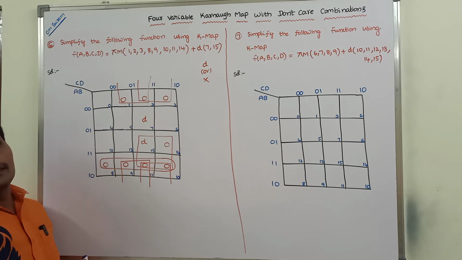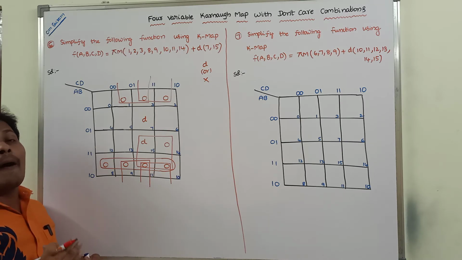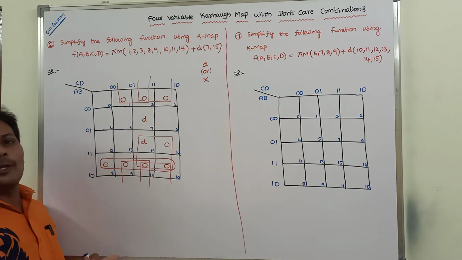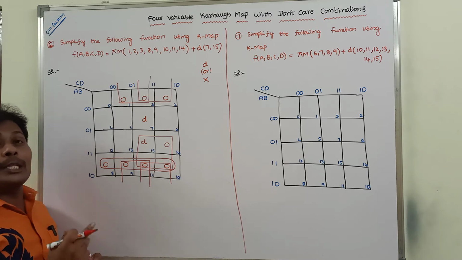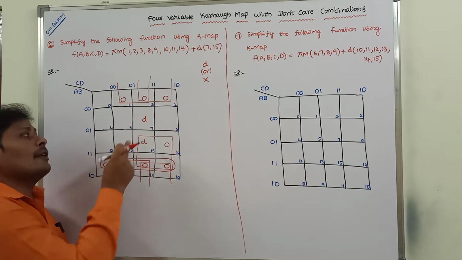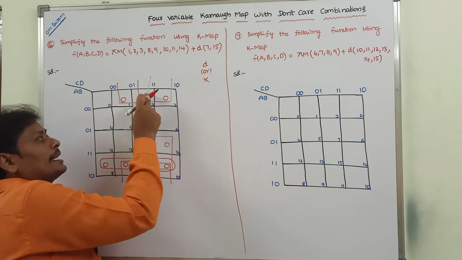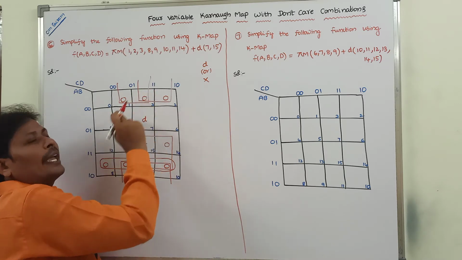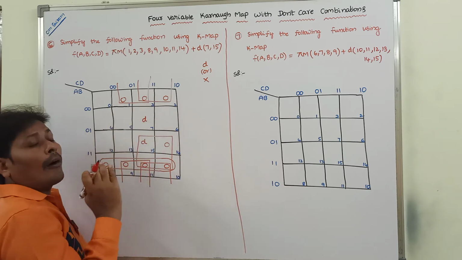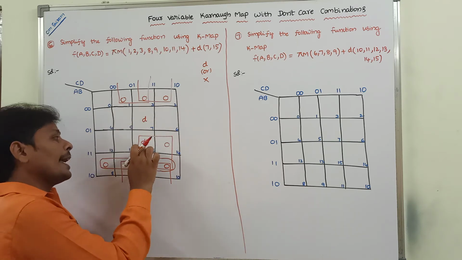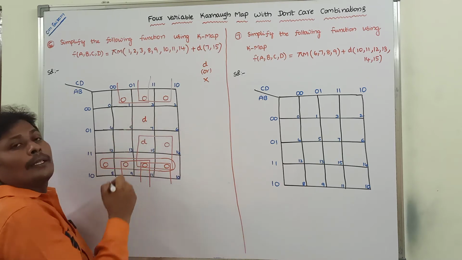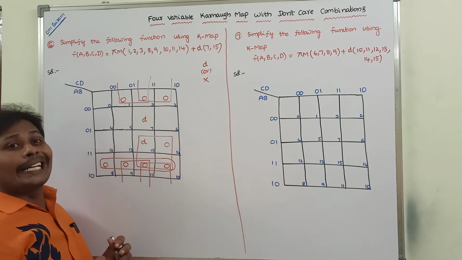Only don't cares are not covered. If it is 0, it is necessary to cover that 0 and don't care, but only to cover that don't care it is not possible to form a quad, because in this quad the 0s are already covered and the don't care is also covered, so this don't care is ignored.